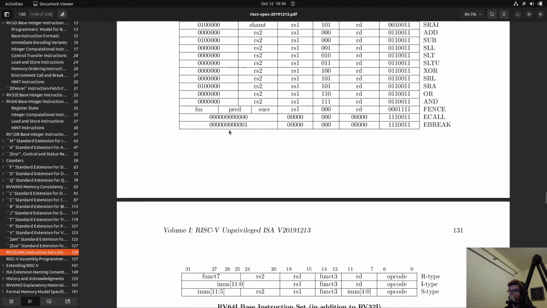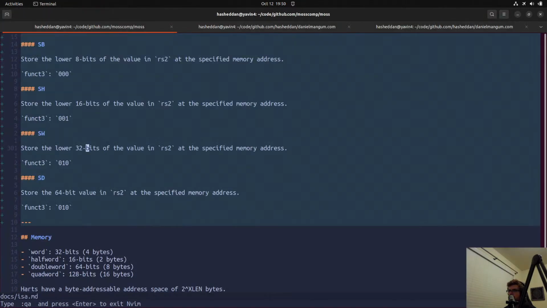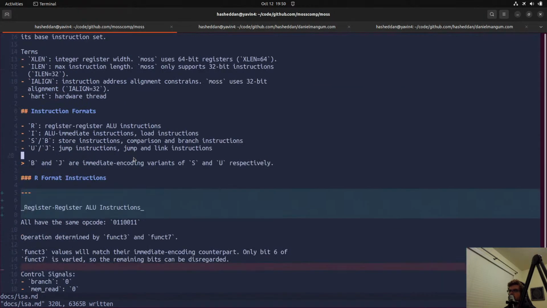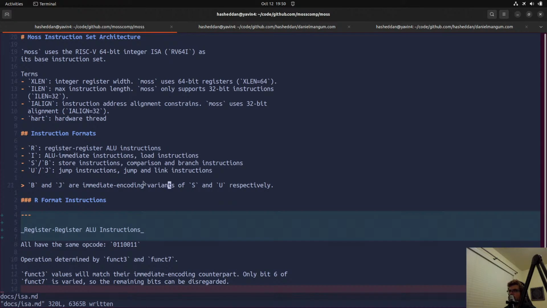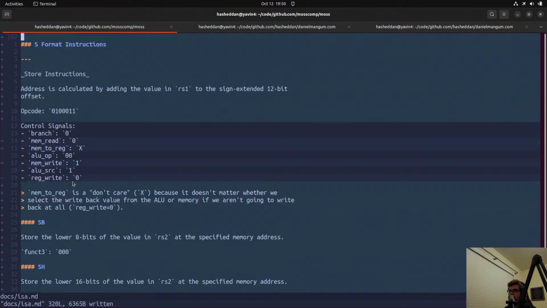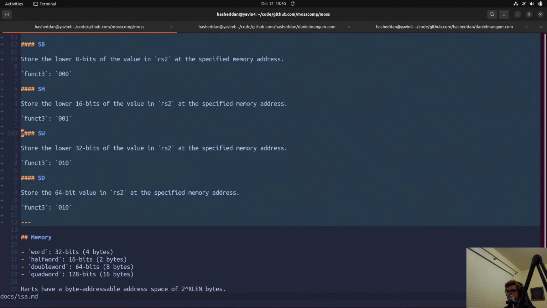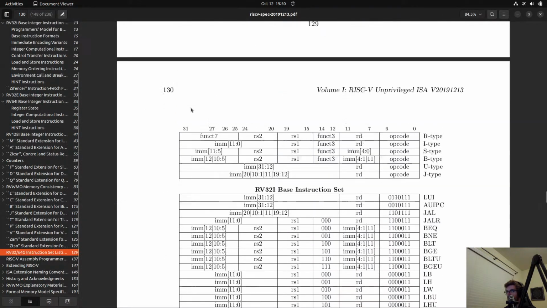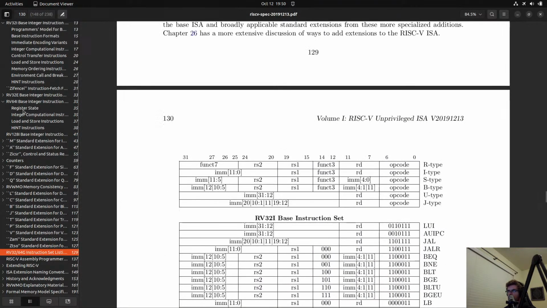Next up, let's see. So we talked about S instructions. Let's talk about the B format because that is what we said we were going to talk about today. Okay.